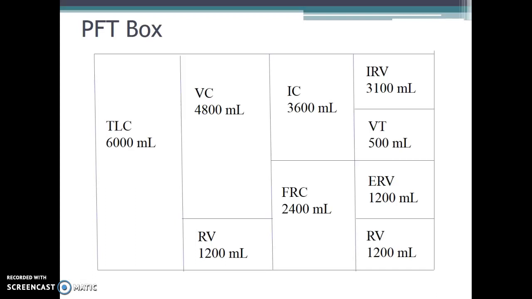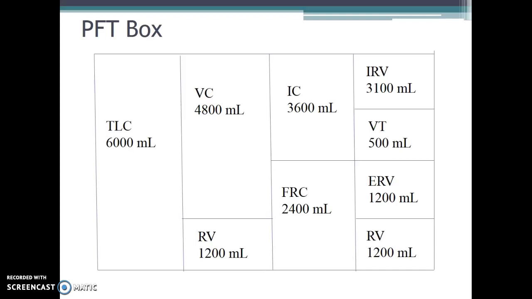And then if you look, IC, which stands for inspiratory capacity, it consists of our IRV, or our inspiratory reserve volume, plus our tidal volume. So the normal for inspiratory capacity is 3,600 milliliters. FRC is functional residual capacity, and that consists of 2 volumes, our expiratory reserve volume plus our residual volume.